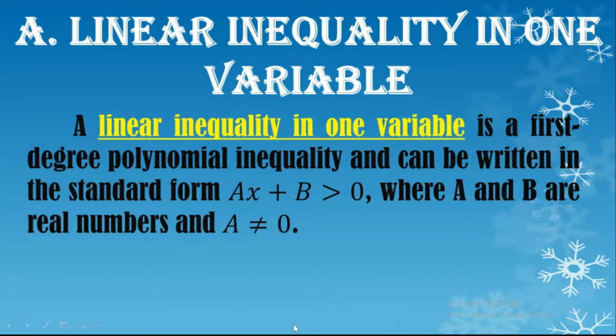So in this form, ax plus b is greater than 0, the two letters here represent real numbers. We also have a condition wherein a should not be equal to 0, or the numerical coefficient of x should not be equal to 0, because if a equals 0, then we have 0x.